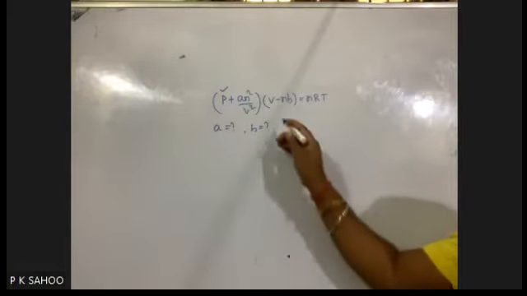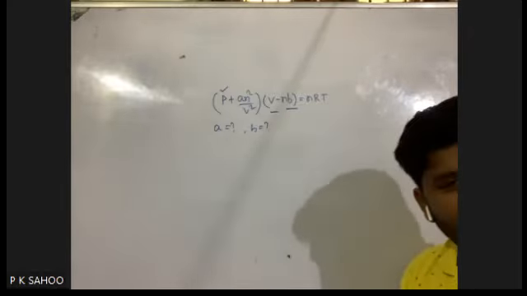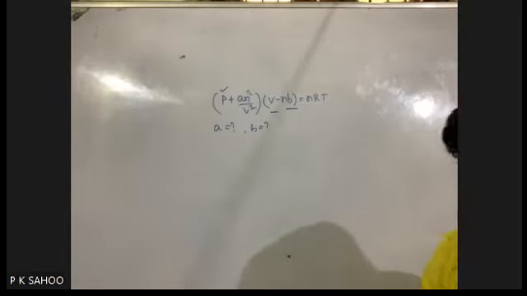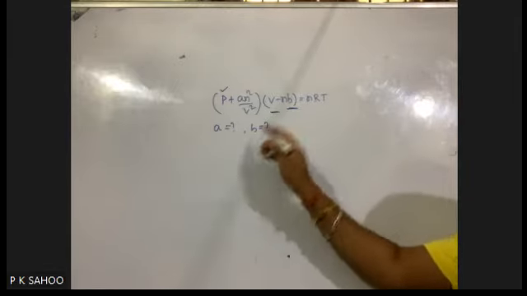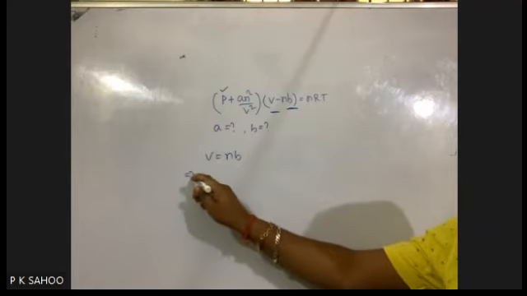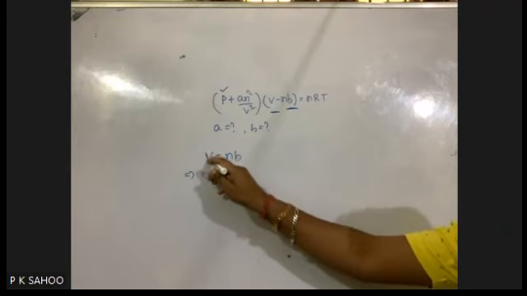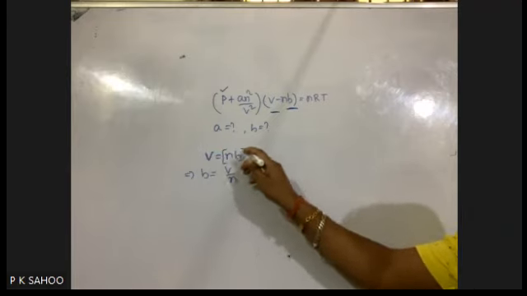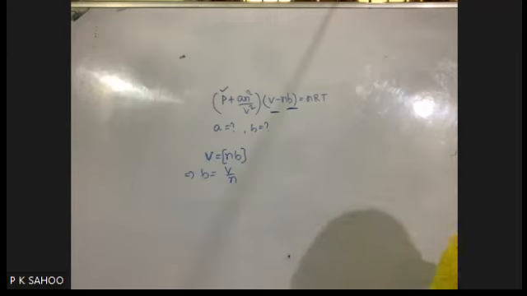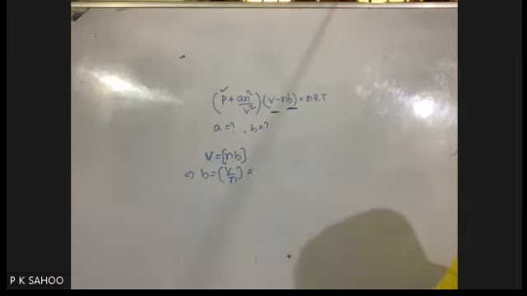See, NB is subtracted from V. It's a very, very important one. You must practice this question at least 3 to 4 times. NB is subtracted from V, so V's dimension is the same as NB. So B is equal to V by N. But you don't write V is equal to NB, you write V is equal to dimension of NB. So B is equal to V by N. What is V?